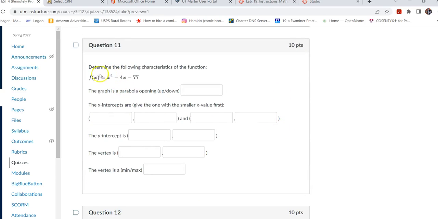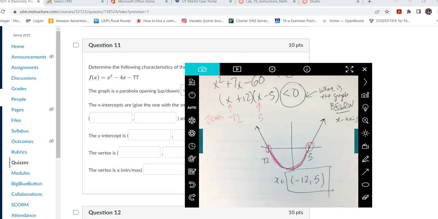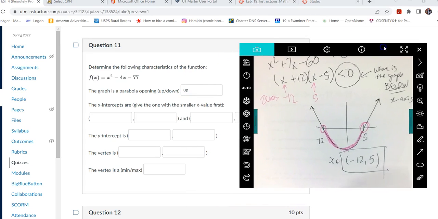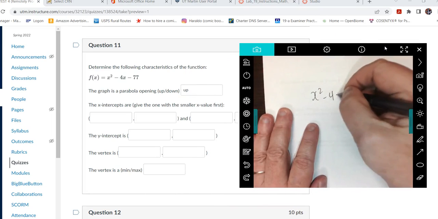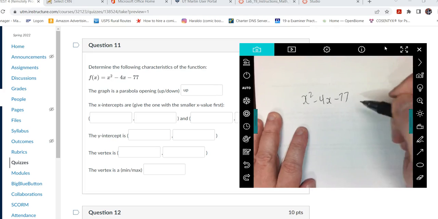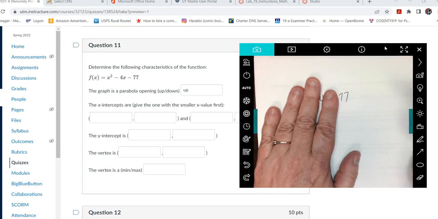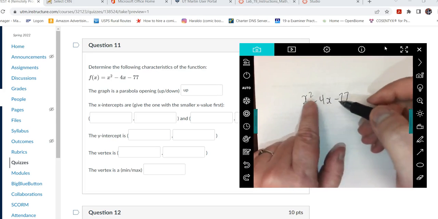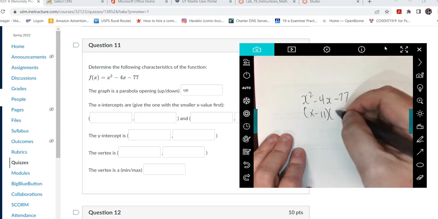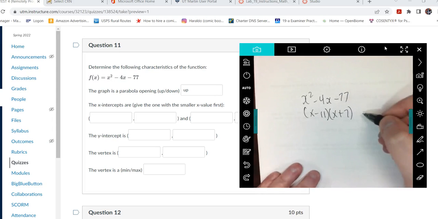All right, this will be a parabola opening up because it's positive x squared. Okay, now what are the x-intercepts? Well, we need to get the zeros. And let's see if we can factor that. That's 7 times 11. And so if I have negative 11 and positive 7, that should give me what I want.